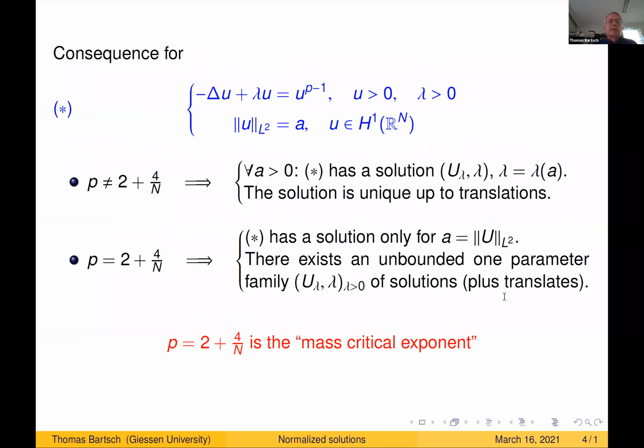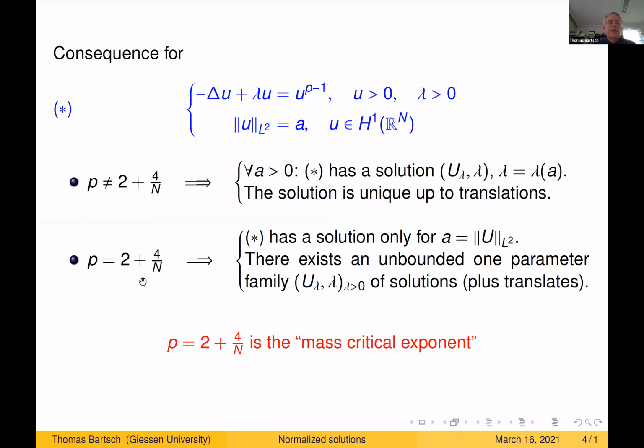And let me just collect this. What we just observed is, if p is different from 2 plus 4 over n, then this has a solution for all prescribed L2 norms. The parameter lambda and the solution depend, of course, on the prescribed L2 norm, and the solution is unique up to translation. So if you just work in the radial setting, you would have a unique solution, and you can realize every L2 norm.